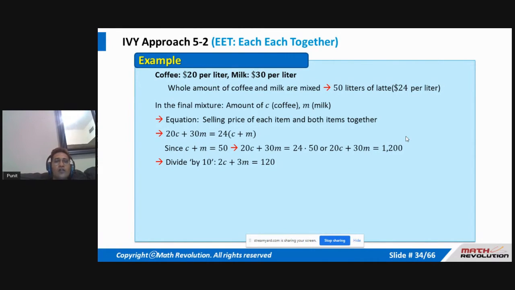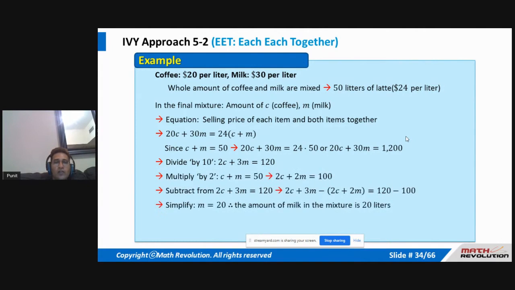So in the final mixture, we have coffee C and milk M. At $20 per liter, that is 20C, and 30M is another thing, which becomes $24 of C plus M. Now we can definitely put in the values to solve this particular question.